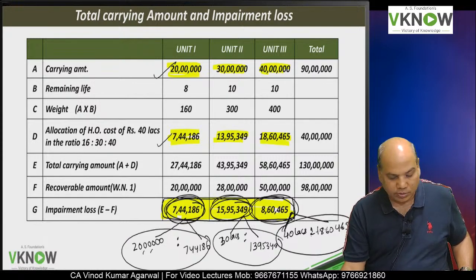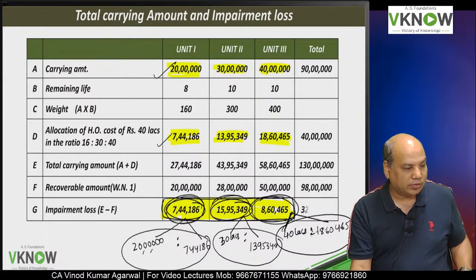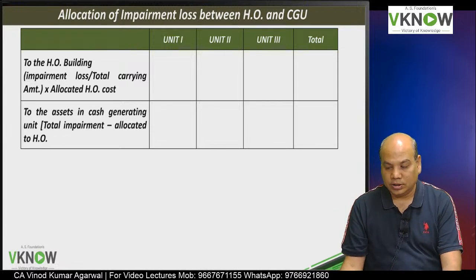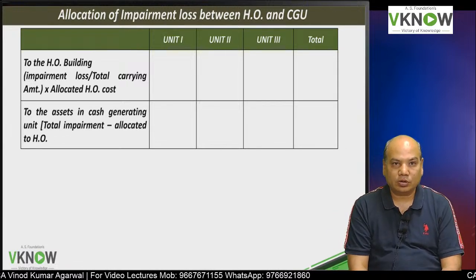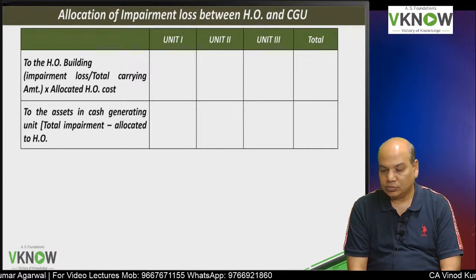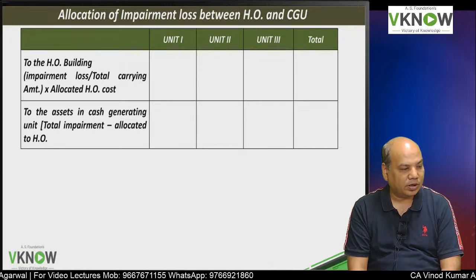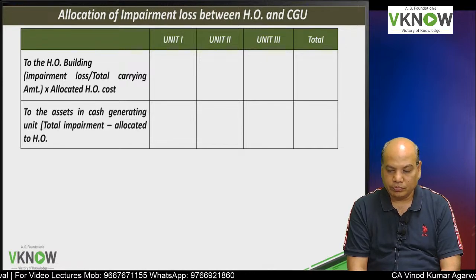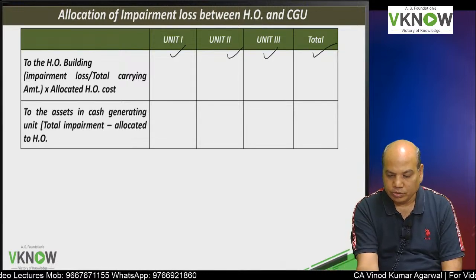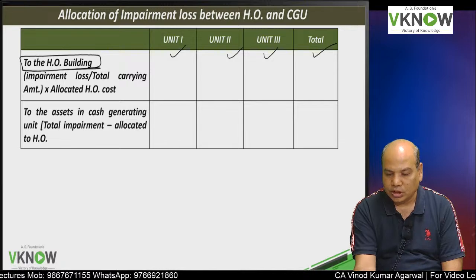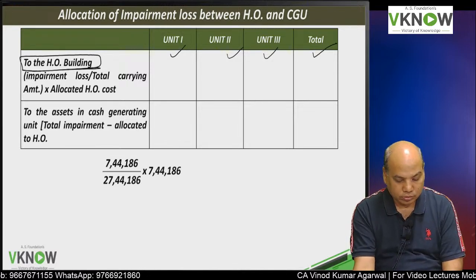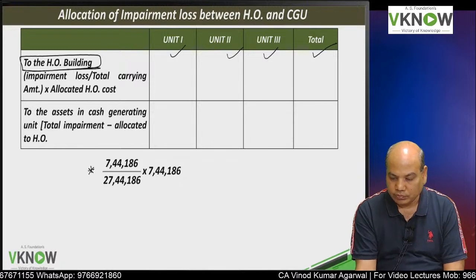So we'll go to the next table where we are going to allocate the impairment loss. Come to the next table. Allocation of impairment loss between HO and CGU. Understand the table. Unit 1, Unit 2, Unit 3 total. First we will allocate to HO building. I have prepared a working note below for Unit 1.